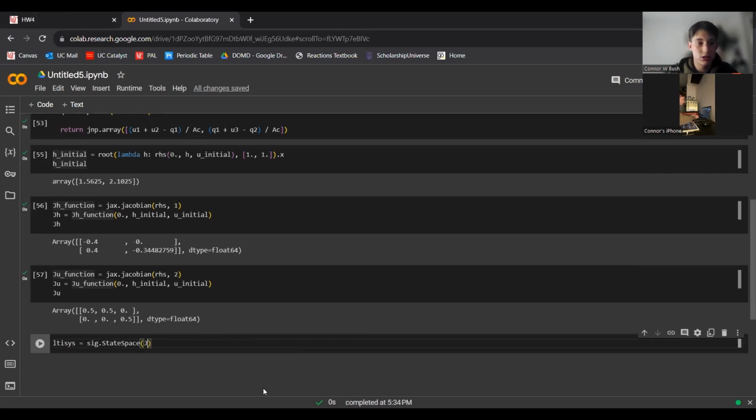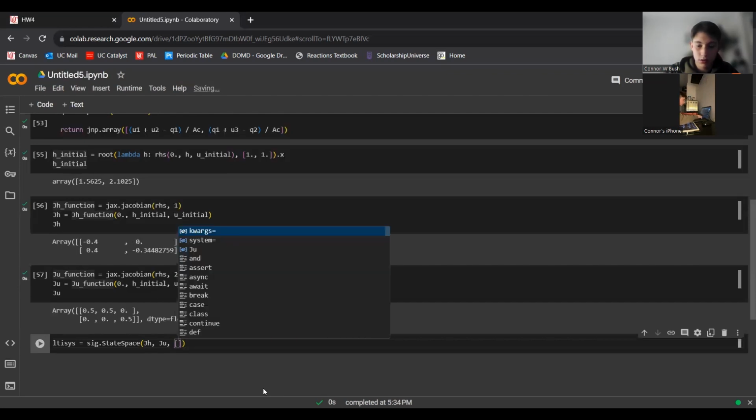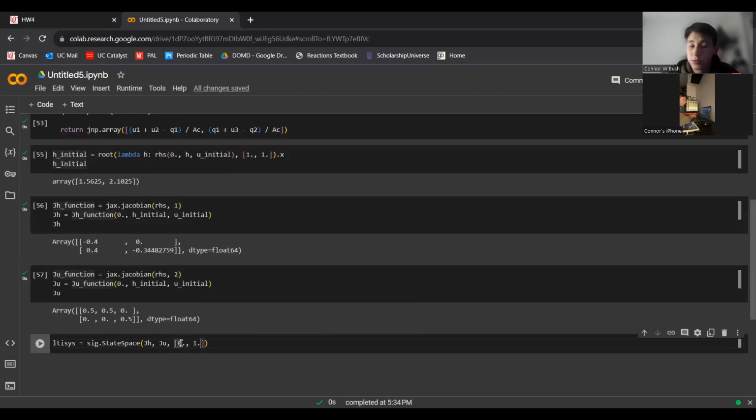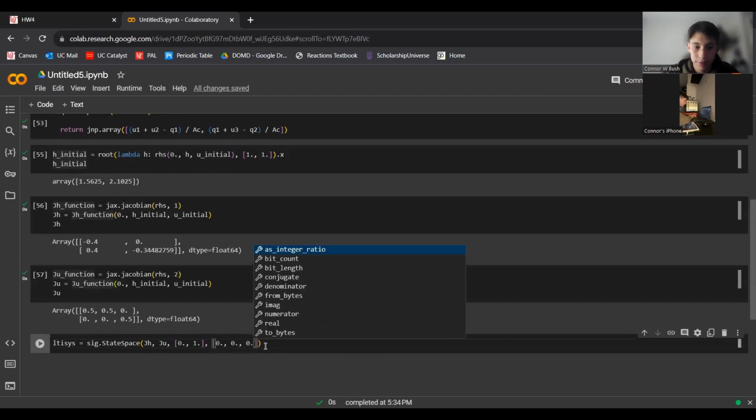So A is JH, B is JU, C is just 0 and 1, meaning this represents what we're multiplying to find H1. So since we want to isolate H2, we leave H1 as 0, and then this one we're multiplying by just 1, so we are left with just H2. And then for the flow rates, we're going to set all 3 of those values to 0.